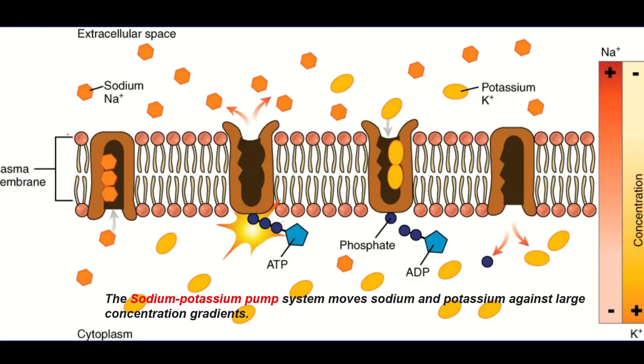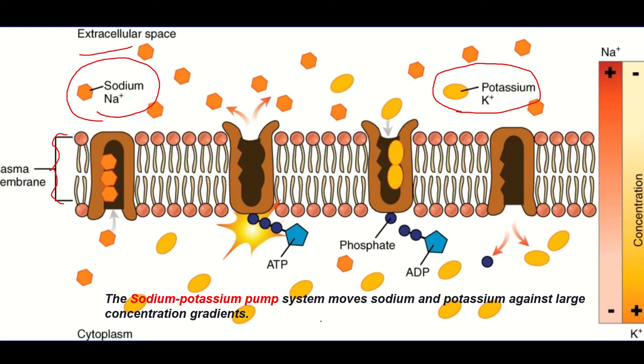So this is a plasma membrane. You need to draw a diagram and label it, it can help you to understand. This is sodium and this is potassium. On the extracellular side, I already gave the information, there is a phosphate here.